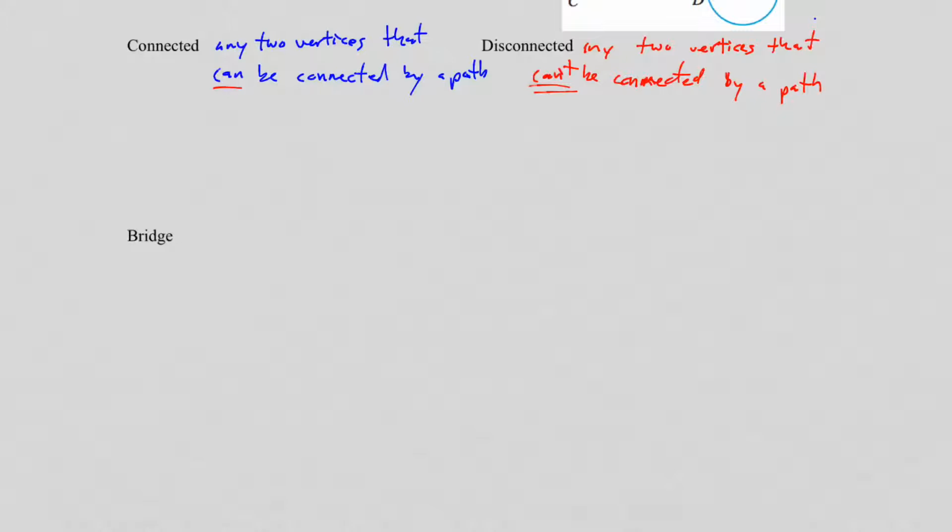All right, let's take a look at these. Let's say these are two neighborhoods. If these are two neighborhoods, can you get from one neighborhood to the other?